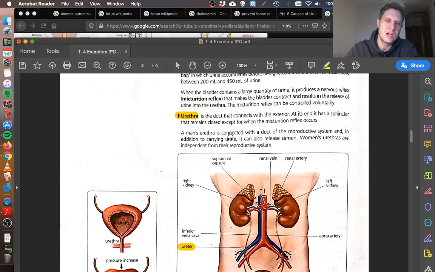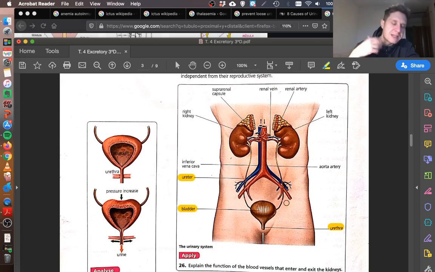Women's urethras are independent from their reproductive system. Yes, so in the case of the man, it is the same conduct for semen and urine, and in the woman it is independent from the reproductive system. It is very important to be very hygienic, especially girls, because the urethra is very short.